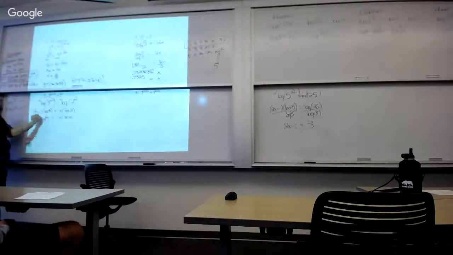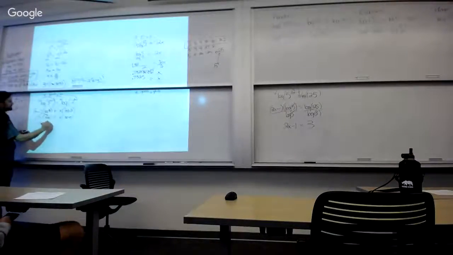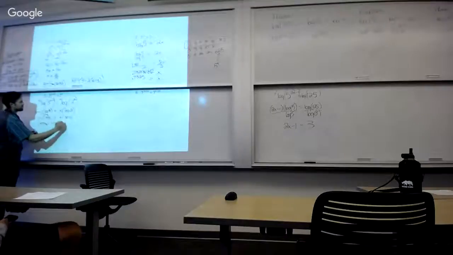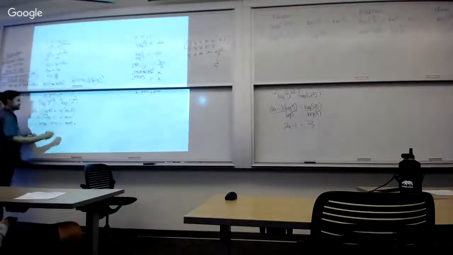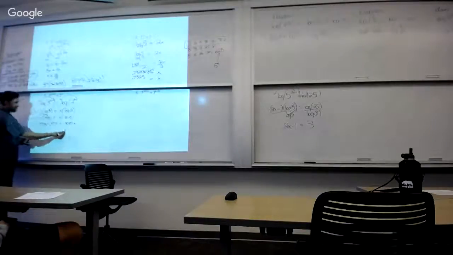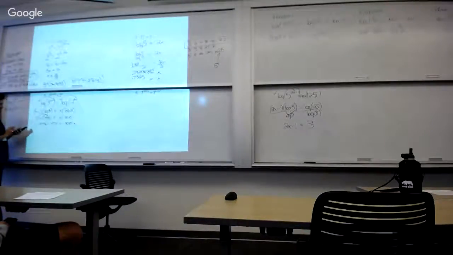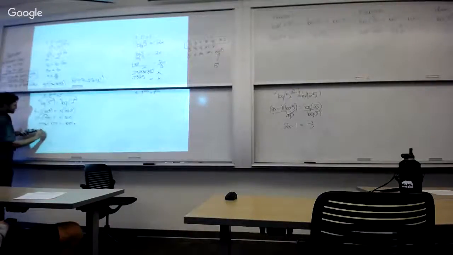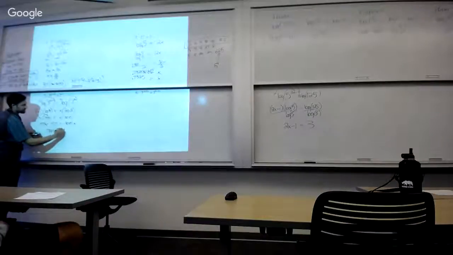Now with this, I can distribute, and that'd be 0.4771x minus 0.4771 equals 0.3010x. Now, other than the fact that there's lots of decimals here, is this just basic algebra? This is just basic algebra. I would move the x over to this side and have 0.4771 minus 0.3010, which gives 0.1761x equals 0.4771.